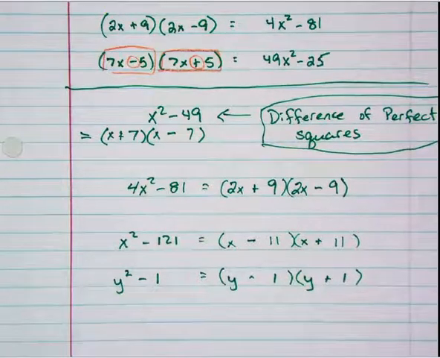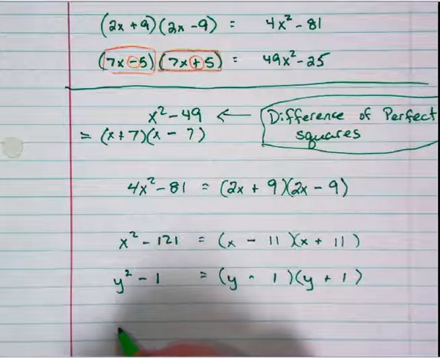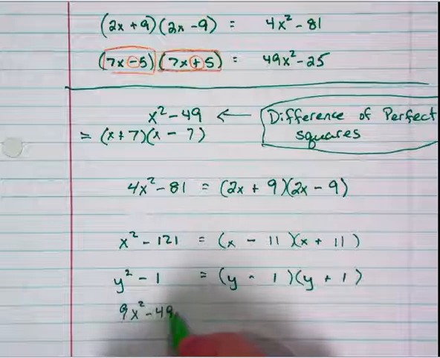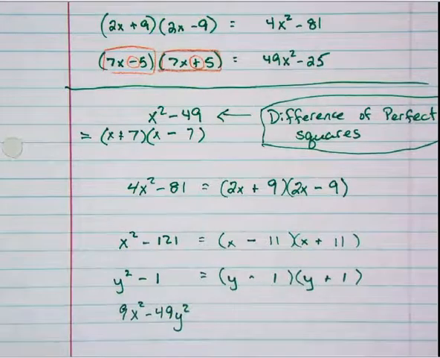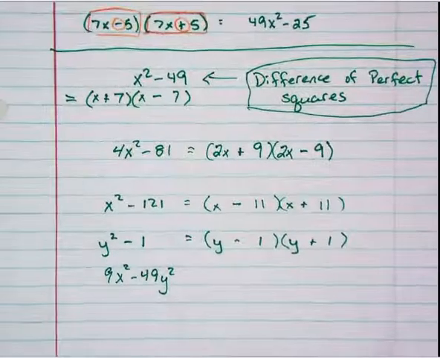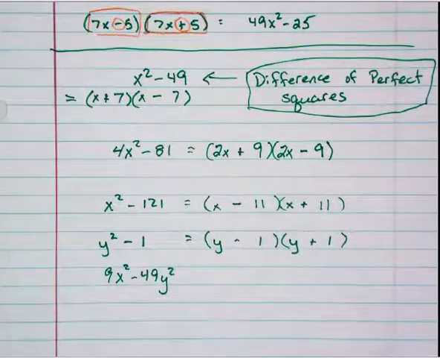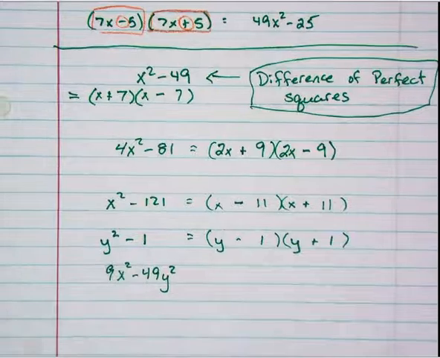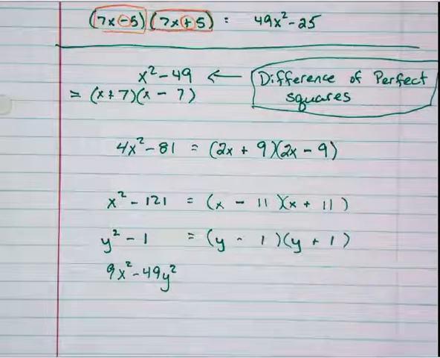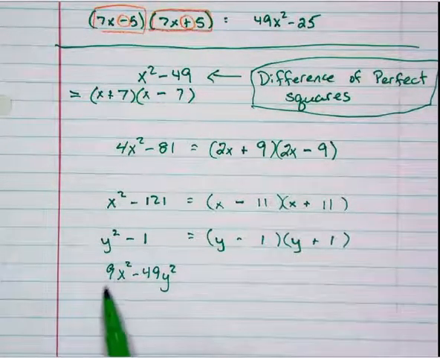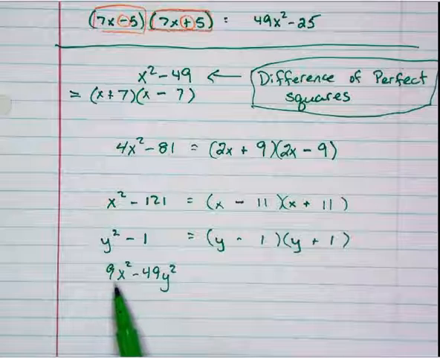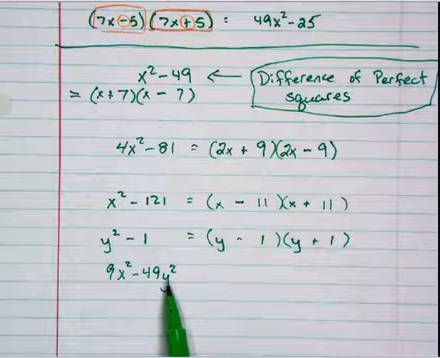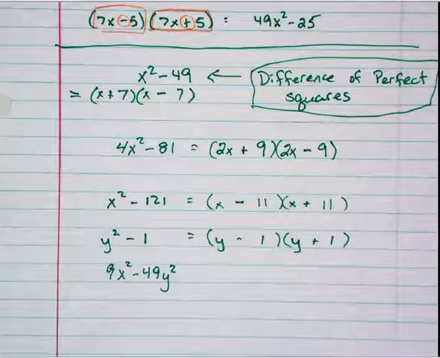Okay? How about something like 9x squared minus 49y squared? Does that still look like the difference of perfect squares? Well, in order to answer that question, is it difference? Yes, because I see a subtraction sign. Are both of the terms perfect squares? Well, 9x squared is 3x times 3x. 49y squared is 7y times 7y.